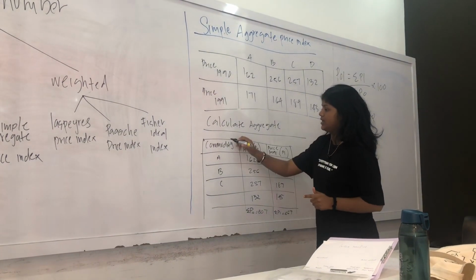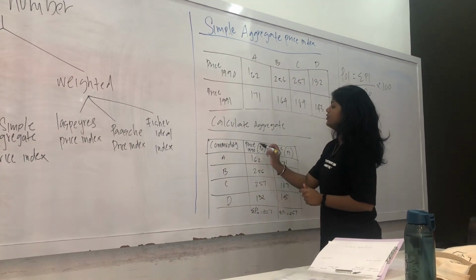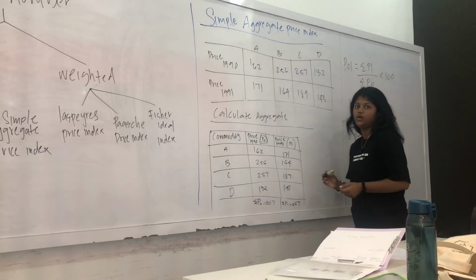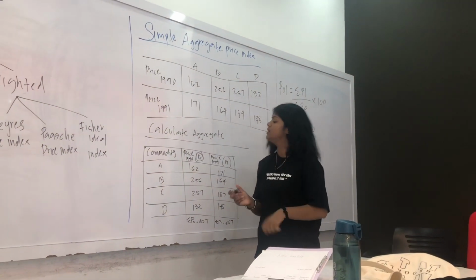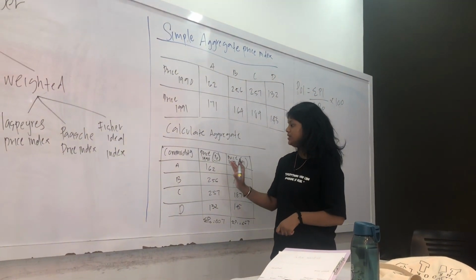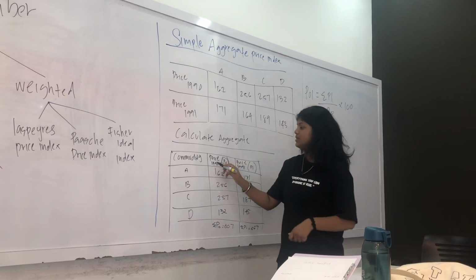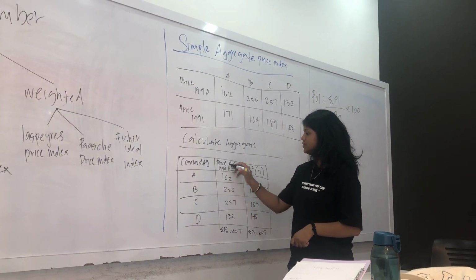We separate these two. Commodity is A, B, C, D. So we change this to P0, because for this method it is simple: P1 is the price for 1991, and P0 is the price for 1990. So A is 162, the price in 1990.